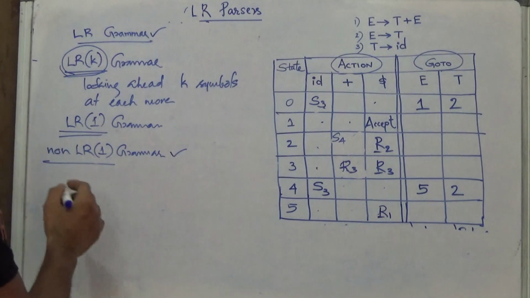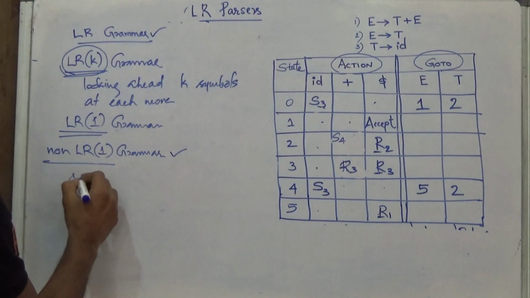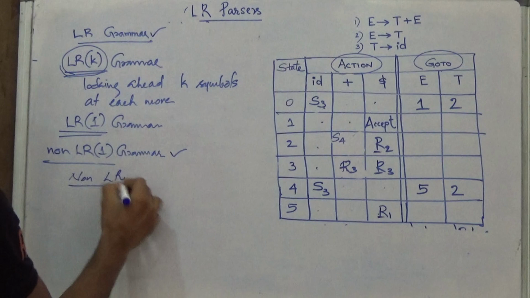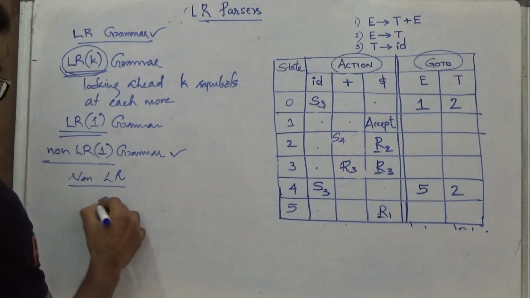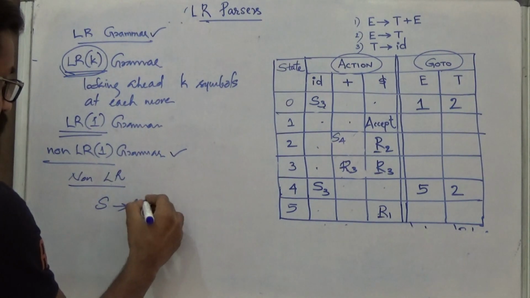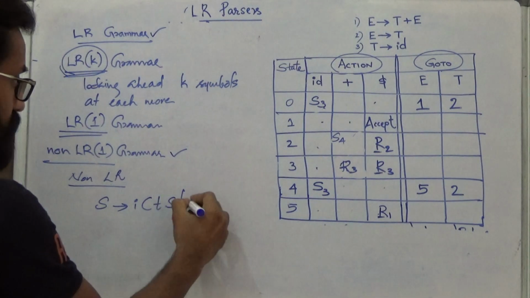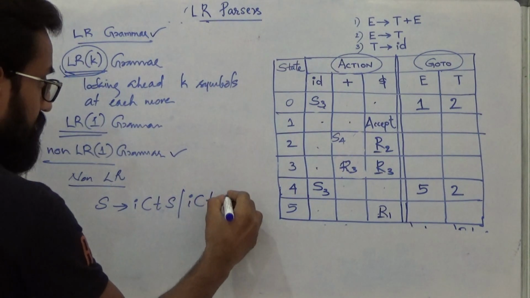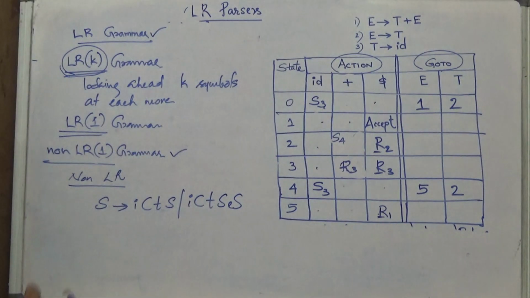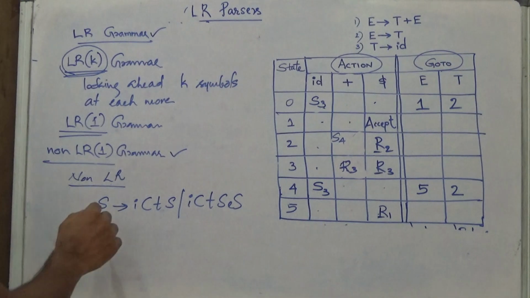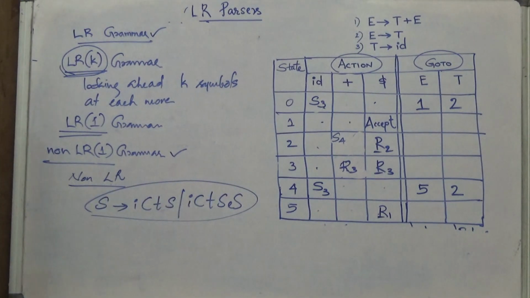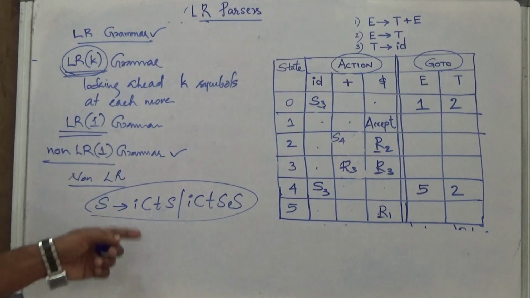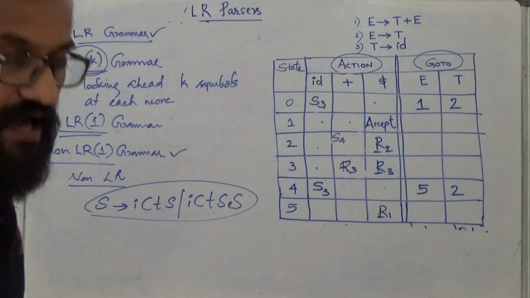So you can consider a simple example for a non-LR grammar. For example, let this be the grammar, S giving if condition then statement, or if condition then statement else statement, that contains the dangling else. If we consider this grammar, it is actually not an LR grammar, and the main reason is that this grammar is basically an ambiguous grammar.